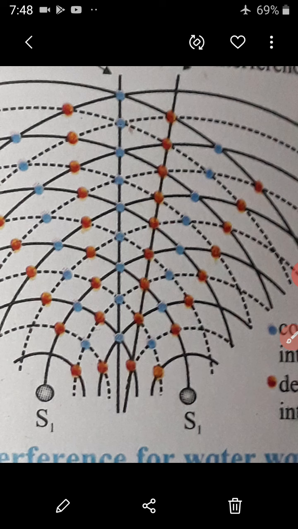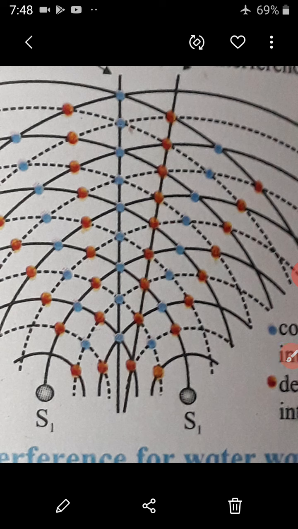So let us see the interference for water waves. In this diagram, you can see the two sources, S1 and S2, in the water, and they are sending waves.